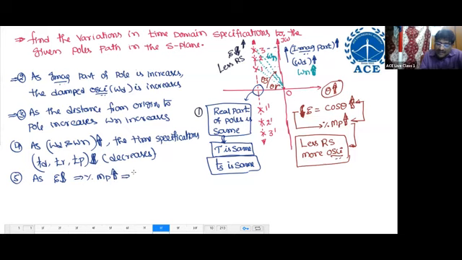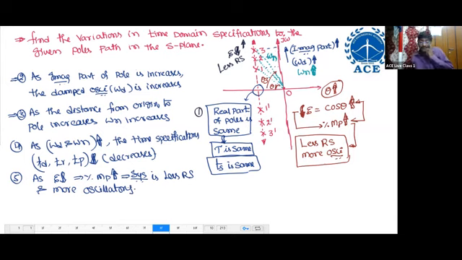The system is less relatively stable and more oscillatory.